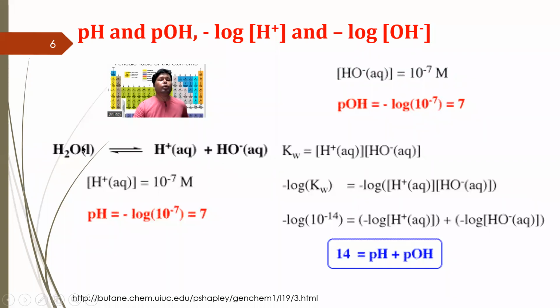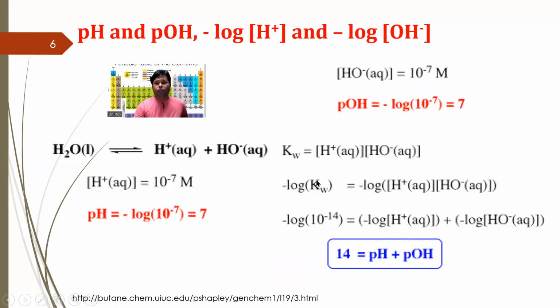When one water molecule is ionized, we get one H plus and one OH minus. So if we can determine the concentration of H plus in the solution, then we can easily find the concentration of OH minus. Here the concentration of H plus is 10 to the power minus 7 mole, and the concentration of OH minus is also 10 to the power minus 7 mole.